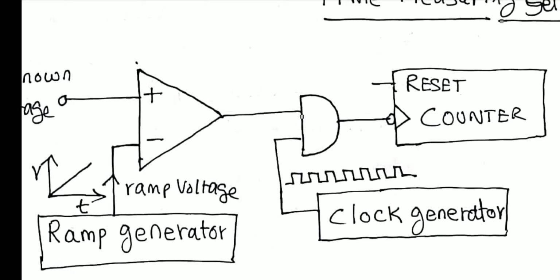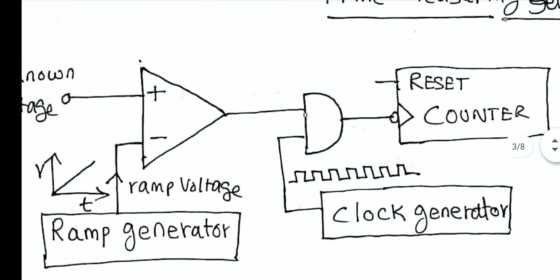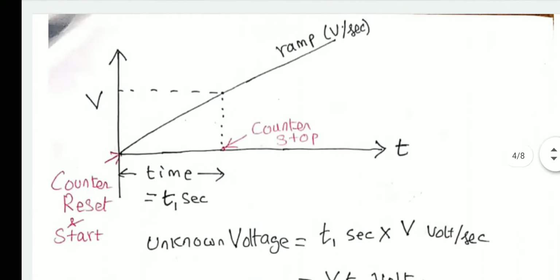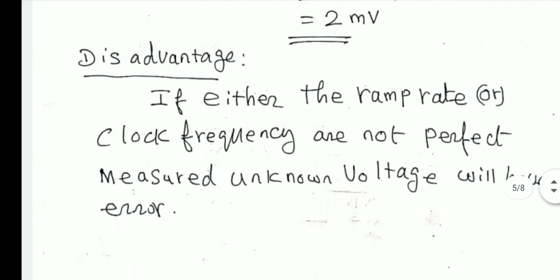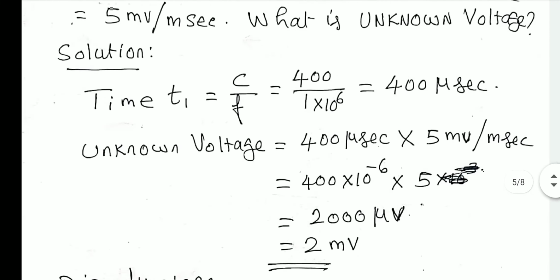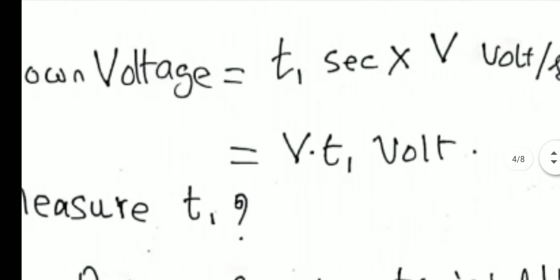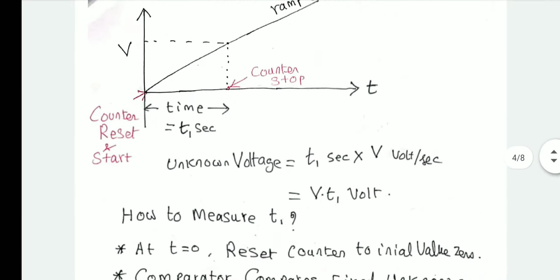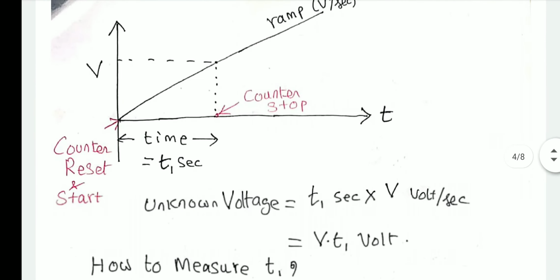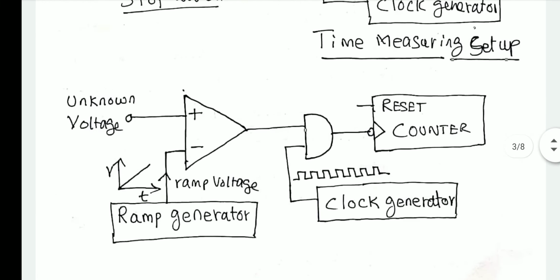Initially the unknown voltage, 2 millivolt, is greater than 0 volt, right? So at t equal to 0, V is 0. So initially the unknown voltage is 2 millivolt. Initially the ramp voltage is 0 volt.